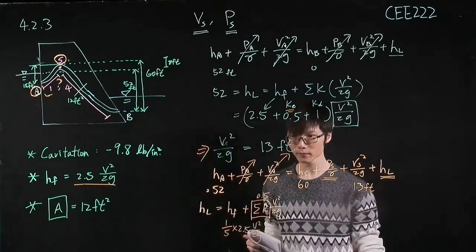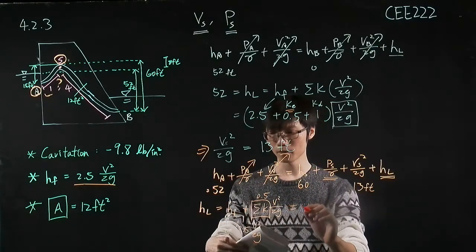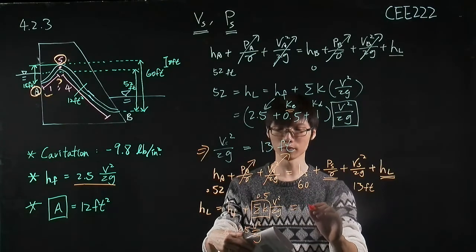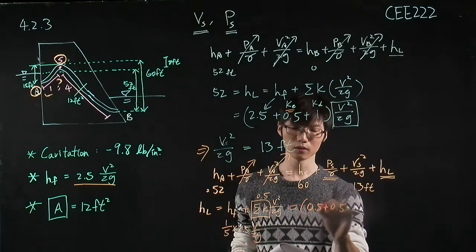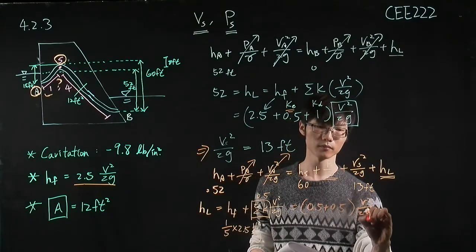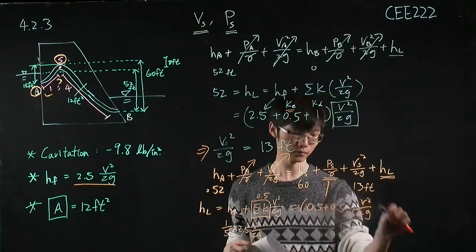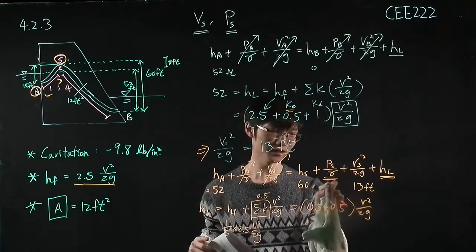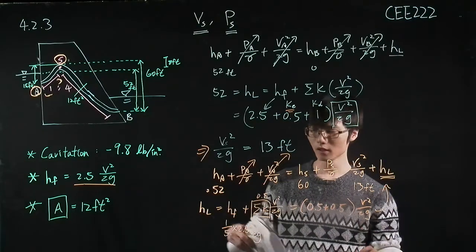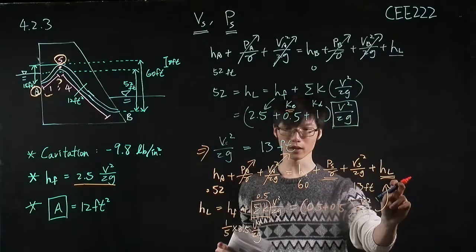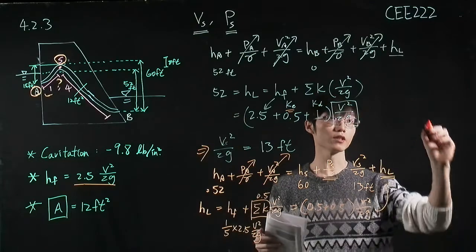Okay, let's just organize this, and we will get 1/5 times 2.5 is 0.5 plus 0.5 times the velocity term. Okay, and we can plug that into, we'll plug this head loss into here, and let's organize this again. Let me squeeze it to here.